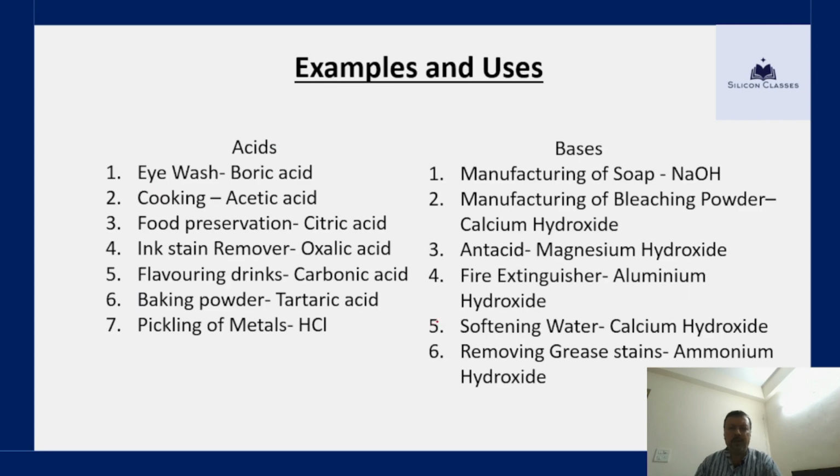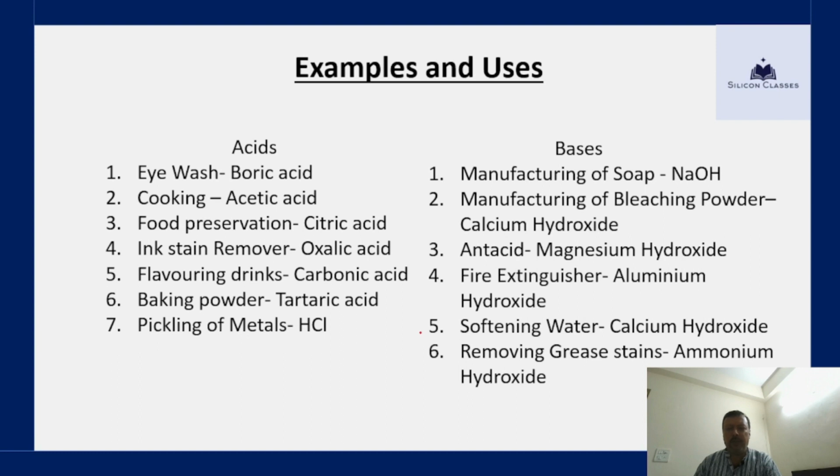These are some uses of acids and bases. Number one, eye wash: boric acid is used as eye wash. In cooking, acetic acid as food preservative, citric acid as ink stain remover, oxalic acid, flavoring drinks carbonic acid, baking powder tartaric acid, pickling of metals hydrochloric acid.